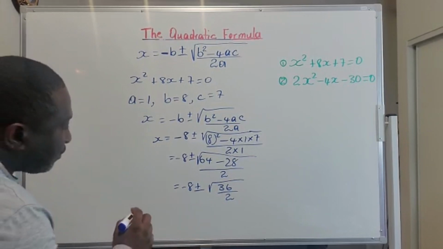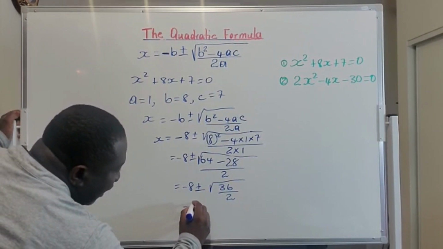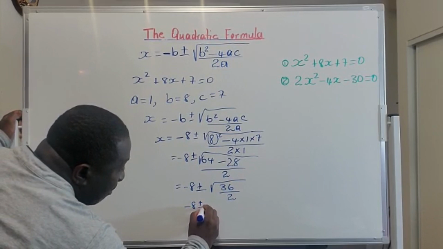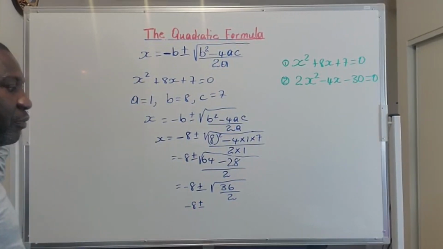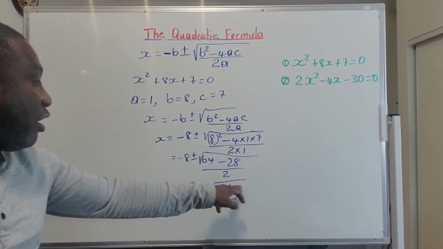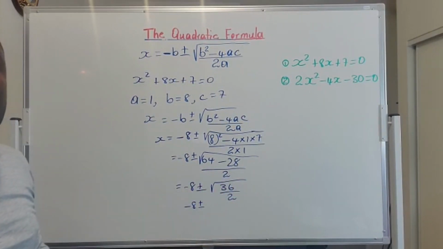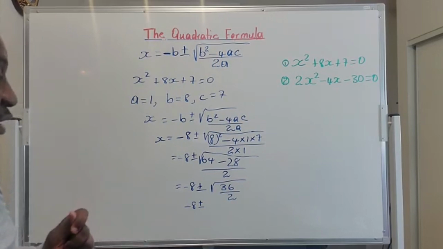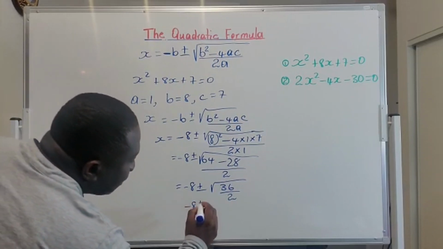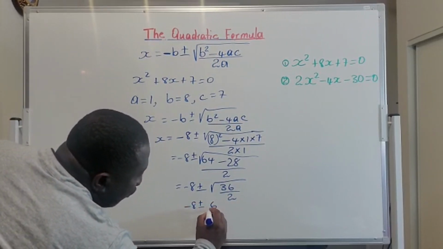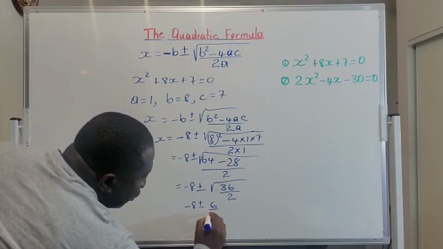Next is negative 8 plus or minus. What's the square root of 36? The square root of 36 is 6. So it all becomes 6 over 2.